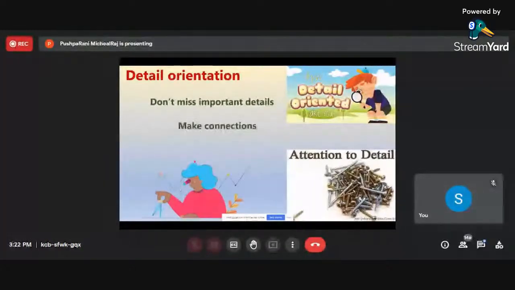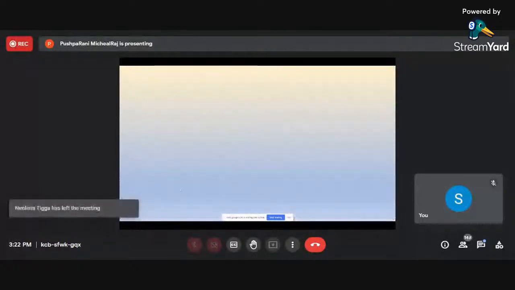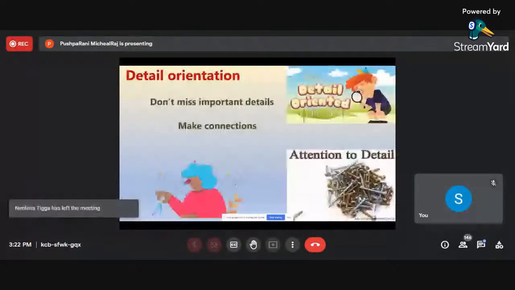Don't miss important details of your findings. When doing your research, ensure that you don't miss any points. So you make a connection between questions and sub questions, give a good meaningful interpretation, and make a connection between those interpretations that will address your main hypothesis.